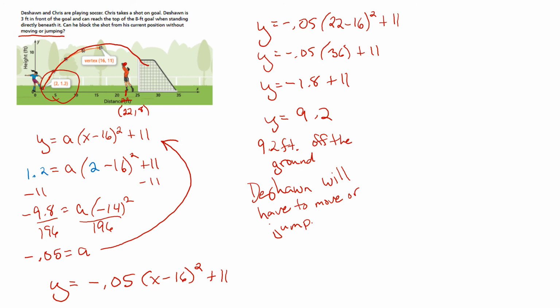Another good question that could come from this is, let's say Deshawn misses it. Is that going to matter? Is it going to make the goal, or is it going to go over the top? Well, the goal is 8 feet tall, just like Deshawn, but it's at 25 feet. So let's plug in 25. Here we made x equal 22. Here let's change my color and make x equal 25. So we'll have y equals negative 0.05 times 25 minus 16 squared plus 11.